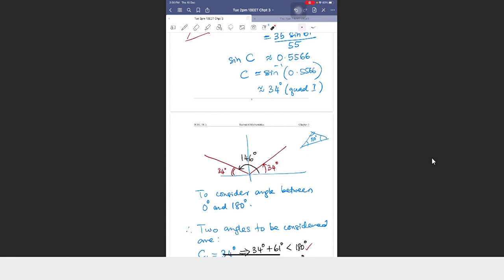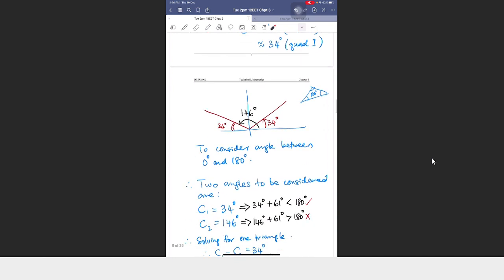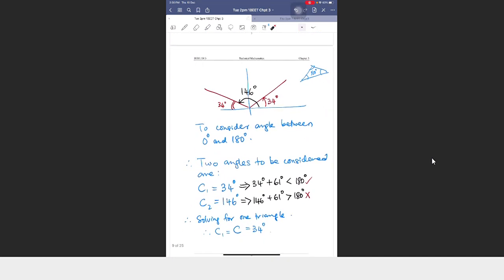Based on those two angles, whether you accept or reject depends on the sum of the given angle in the question plus the one you have gotten. In this case, the angle you got is 34, your first angle from the calculator.